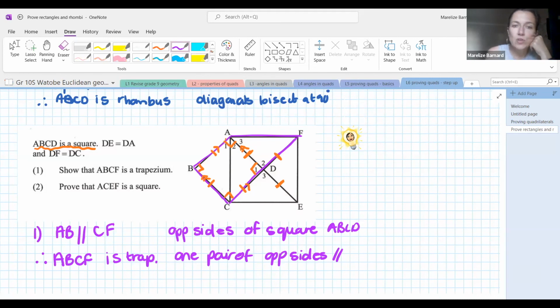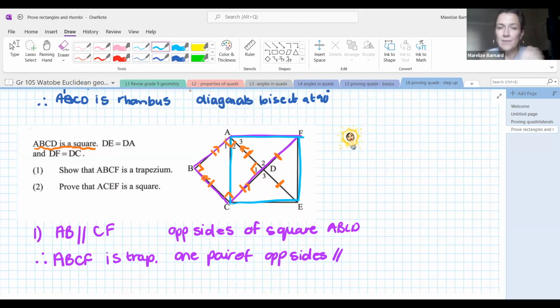We already have so much information here that makes it a square. You just have to find it. So here's our square. Well done, Gabriel. Well done. The diagonals bisect at 90, and the diagonals are also equal in length.